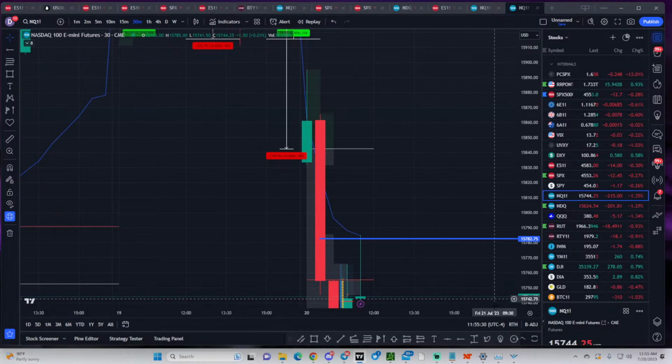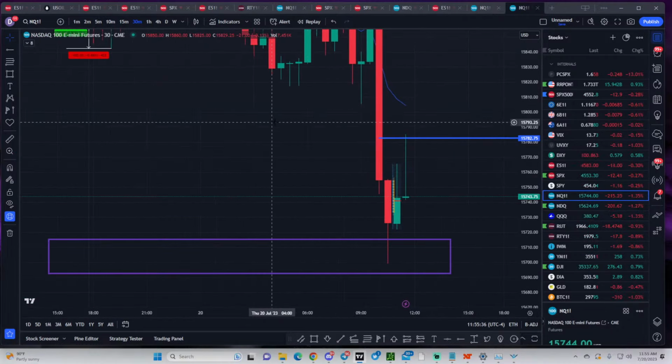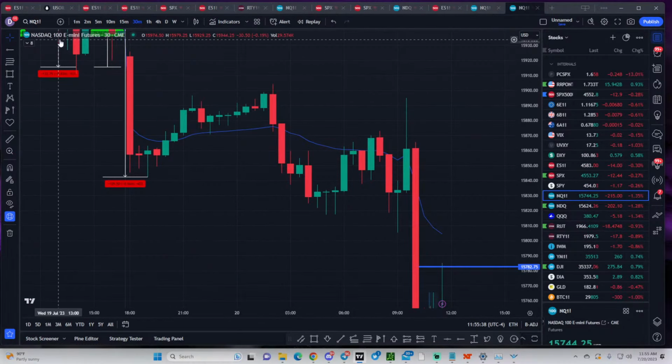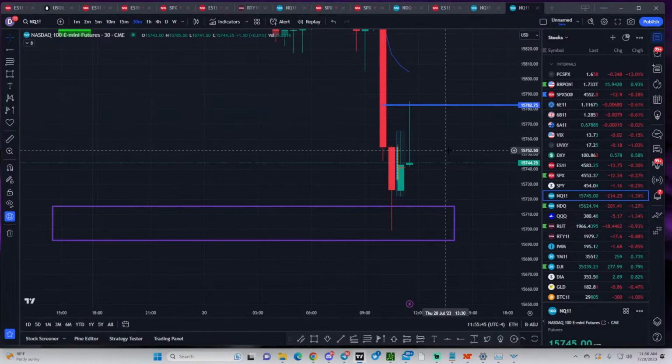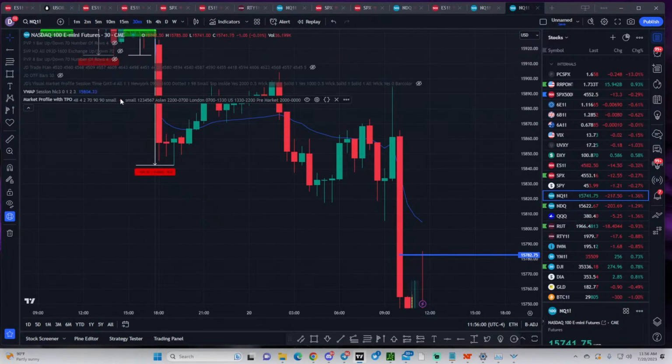I'm going to change from RTH to ETH so I can see all the trading that has been done. I'll wait a couple of minutes until the indicator loads, and we'll see what else we got here. Is it still loading?